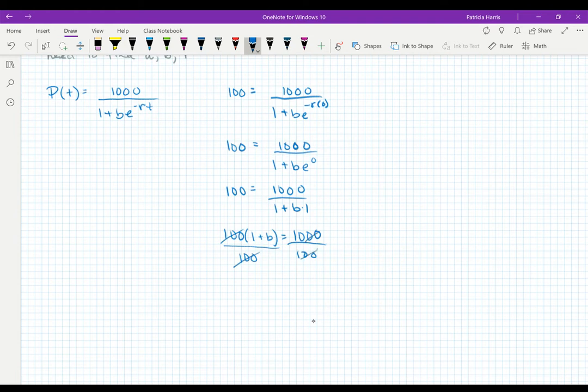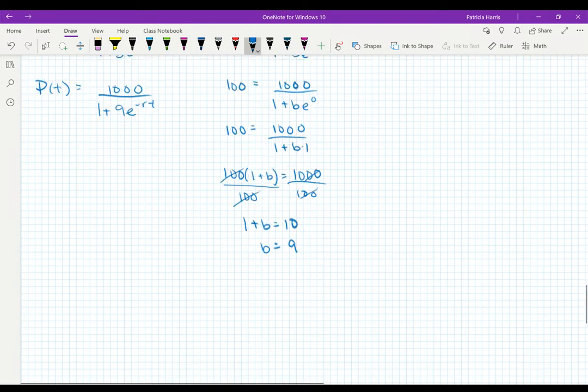Zeros cancel out, so you're left with 1 plus b is equal to 10, or b is equal to 9. So far you have this equation. Now we have an A and a B, and now we just need an R. So we're going to use our second data point to find R.